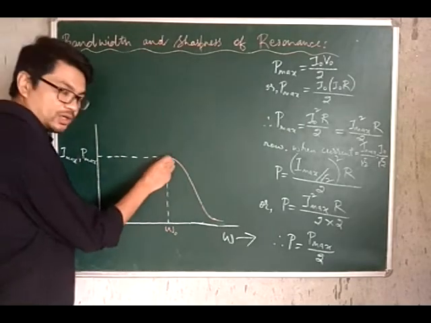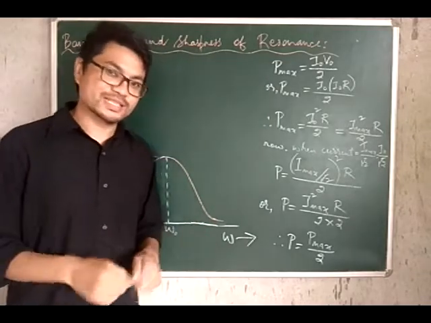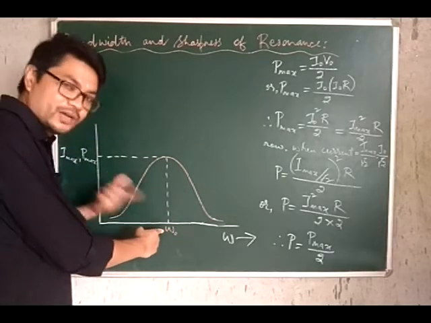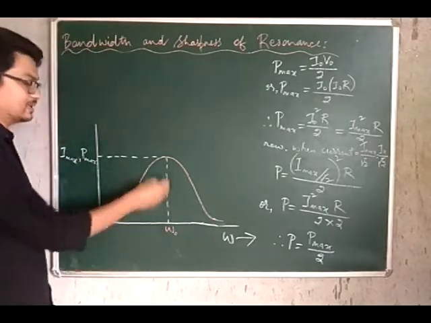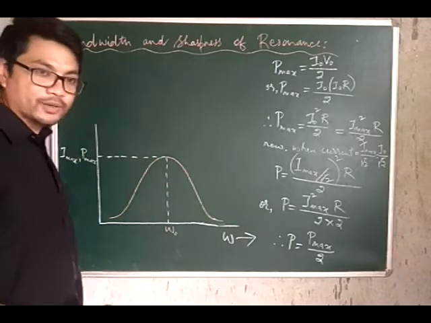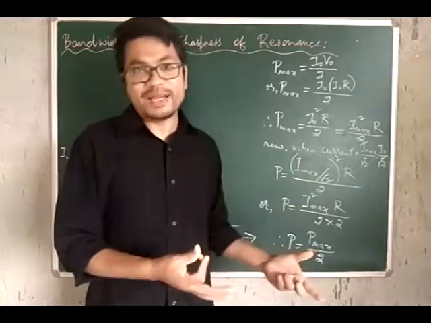And this peak of the curve corresponds to the case of resonance, at which point omega naught is the resonant frequency, and this peak here is the value of maximum power, because at resonance you have maximum power.